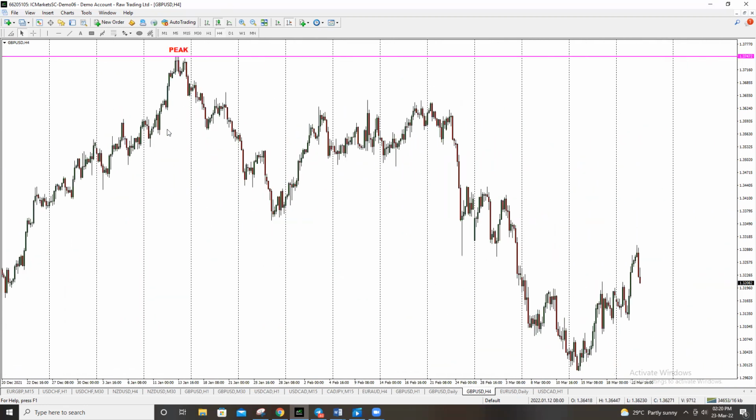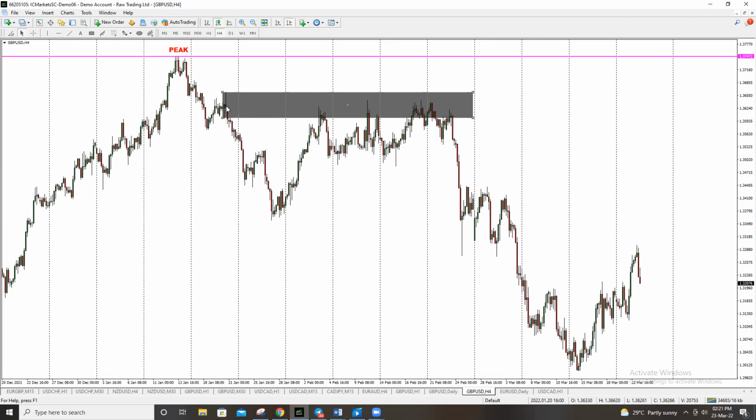So we have this peak that gave us a break of market structure, internal structure, external structure break, and then we started off. Now with the external structure break, we have an RLT. You see this? None of them is engulfing. The bodies are actually equal.